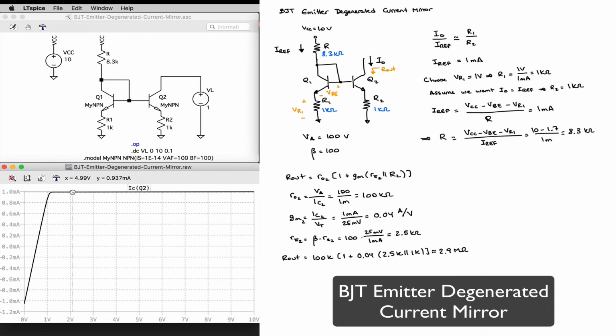Try this again, so 2 volts. It doesn't want to pick up the second cursor.